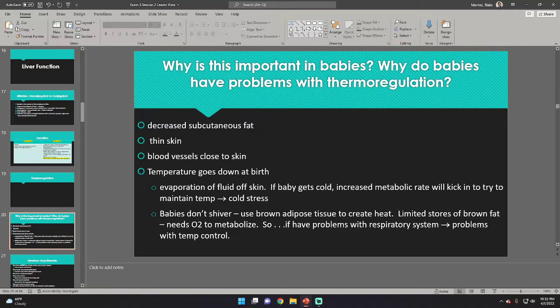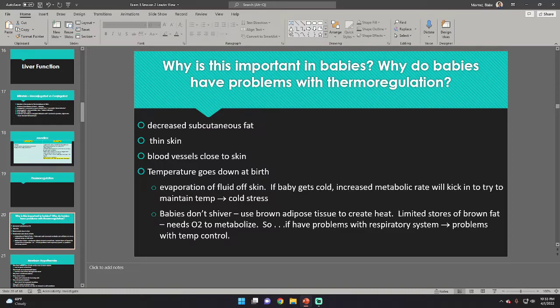And of course, the temperature does go down at birth. One of the ways they can lose temperature can be through actually evaporation. The fluid comes off the skin, and if the baby gets cold, they're going to increase their metabolic rate. And that, of course, is like a compensation effort to try to help maintain temperature, leading to cold stress.